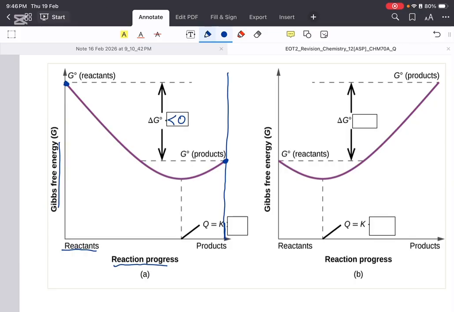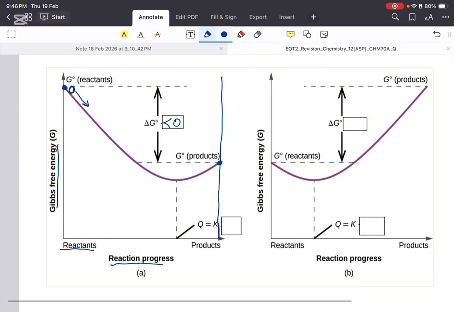Now I'm going to give you another example, so you can remember it all the time. If you have a marble and you place the marble on top of this curve and you let it roll, this marble is going to roll down and eventually stops here.